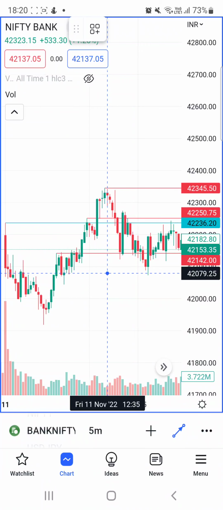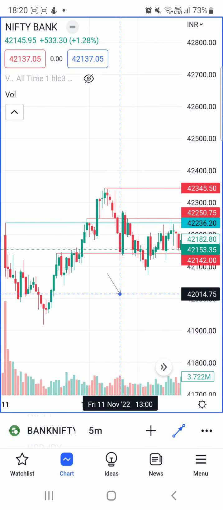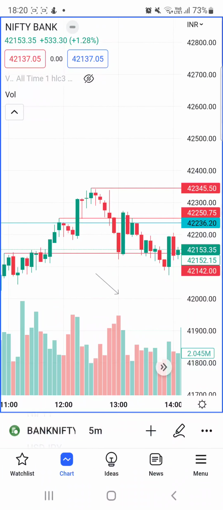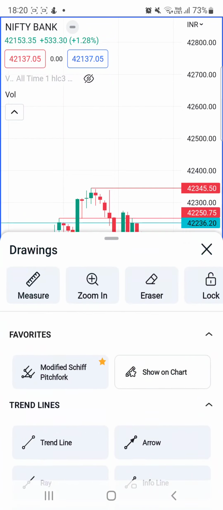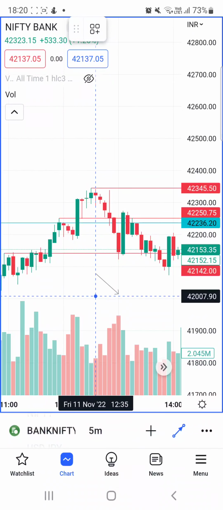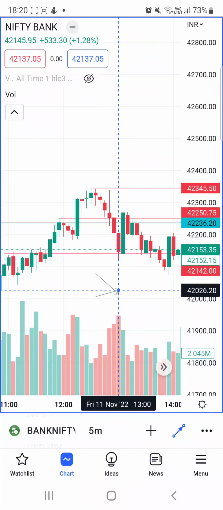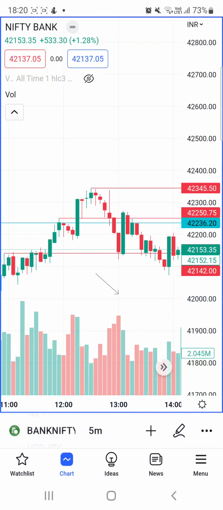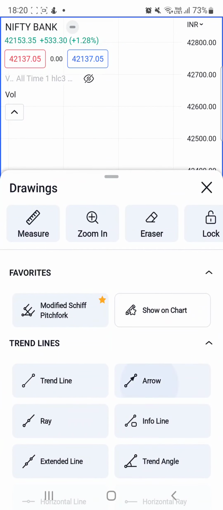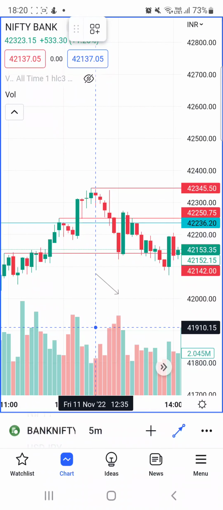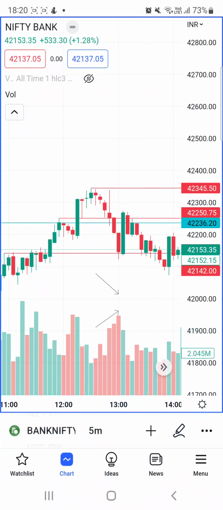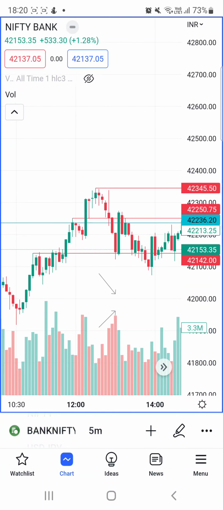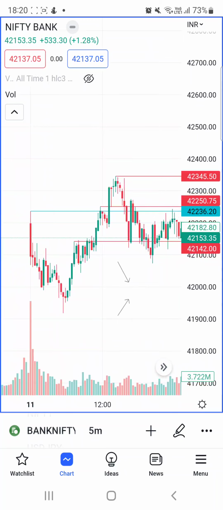So this is this low to this low, and how volumes are behaving here, let us watch very closely. Volumes have dramatically increased, which means there is a lot of power in this downward vector than any of the vectors that we have seen in the upward direction so far.